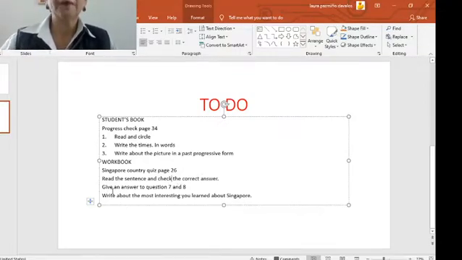Then you have to give a complete answer to question 7 and question 8. Question 7 was how many languages do they speak? And question 8 was which language do they speak? If you cannot remember, you should check the beginning of the unit. We wrote that information in your notebook.